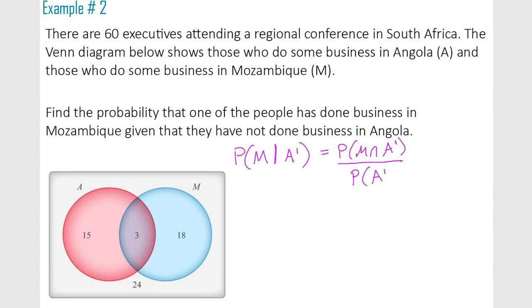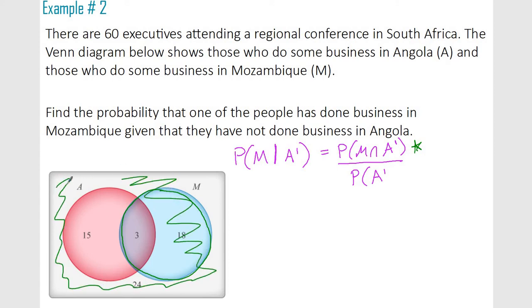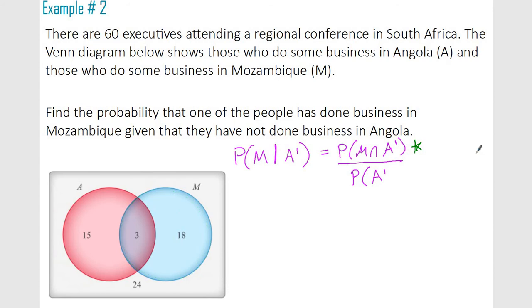So let's start with the first one, the numerator. So this part is the probability of M happening. So that's this blue. And not A, so everything outside of A. All right, where they overlap is 18. So that number is 18 out of 60 total.